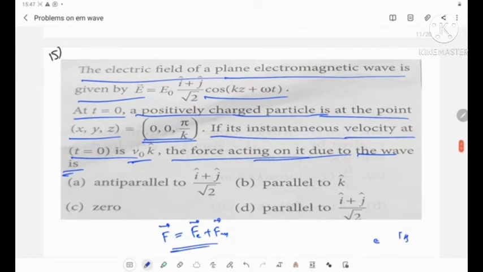Here the wave electric field vector is given as cos(kz plus omega t). From this we can decide the direction of wave propagation. Here the wave has kz plus omega t with a plus sign, therefore the wave is traveling along the negative z direction. Therefore c cap is equal to minus k cap.